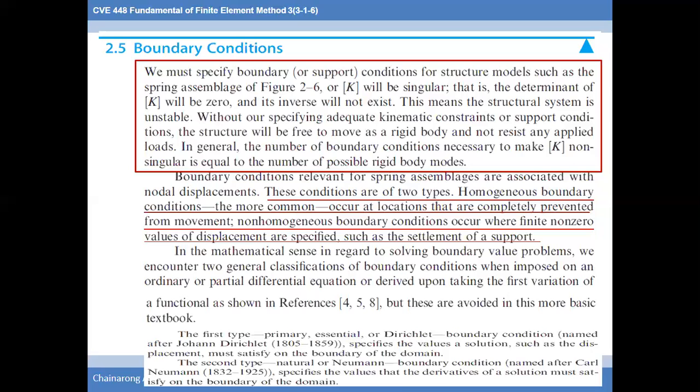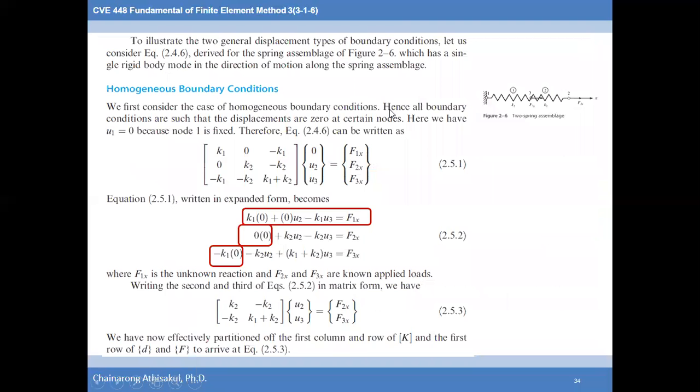So let's consider the first type of boundary condition. This is the basic, general one. We will consider the same example that we talked about in the last video.